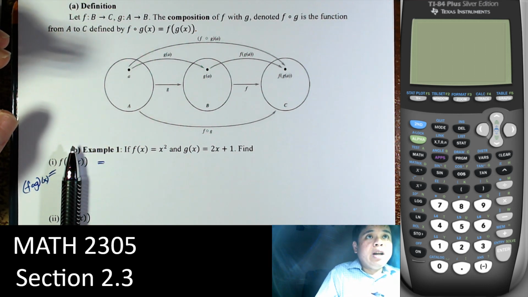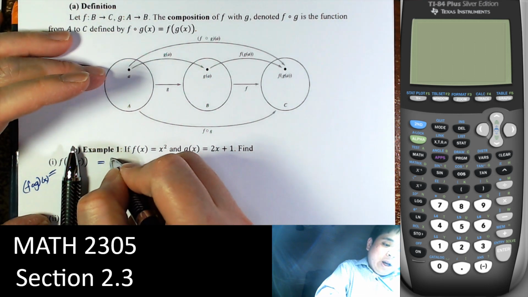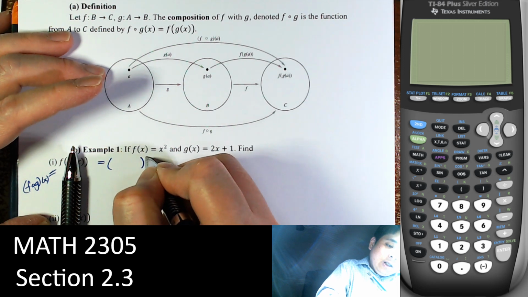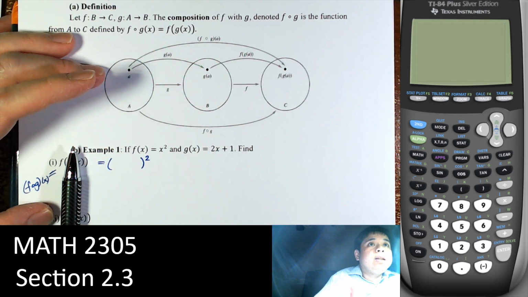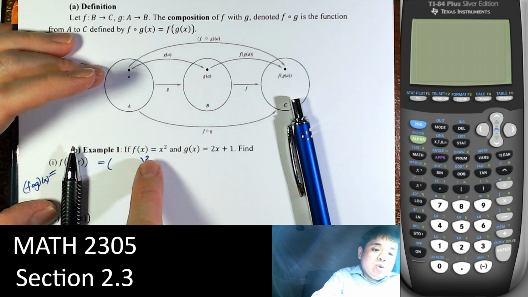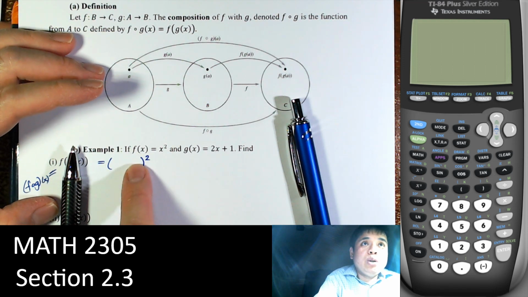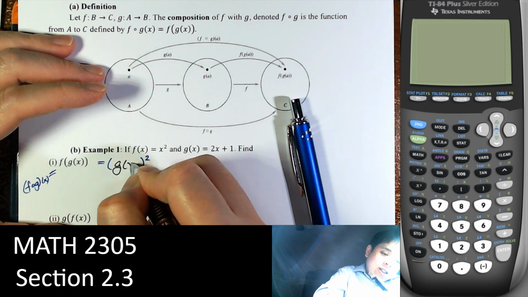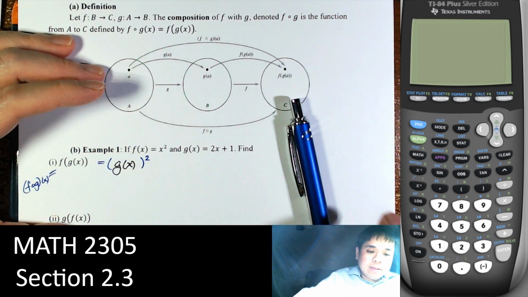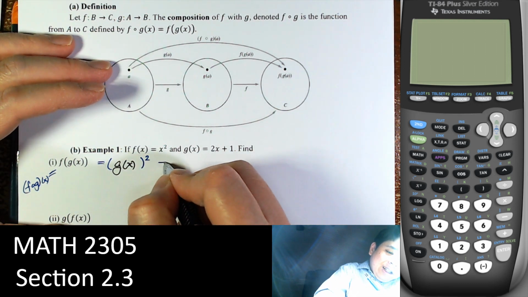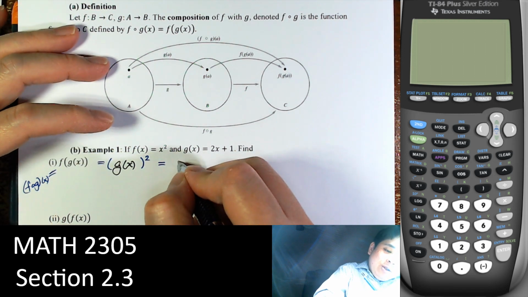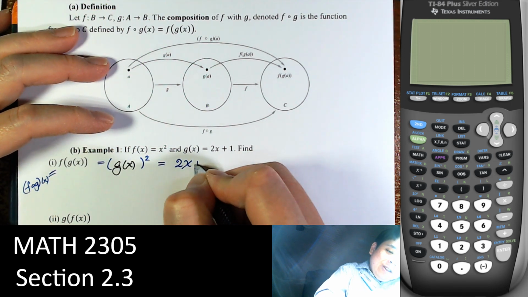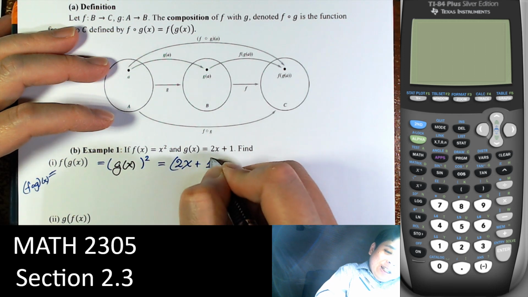We look at the function f, which is just something squared. That means whatever is inside, we have to substitute in the same thing. Here we have g of x, so I'm just going to have g of x squared. And g of x is 2x plus 1. So I have 2x plus 1 squared.